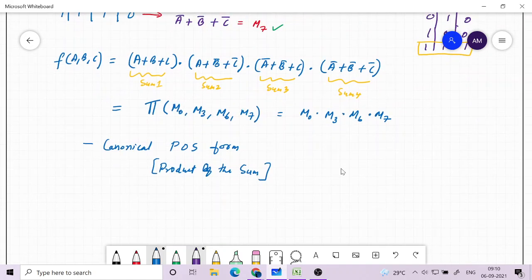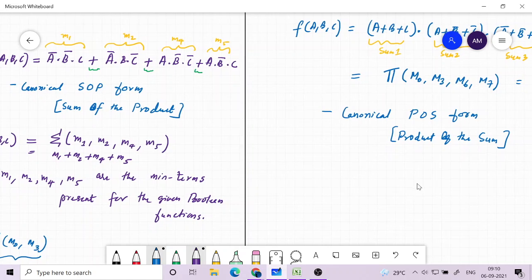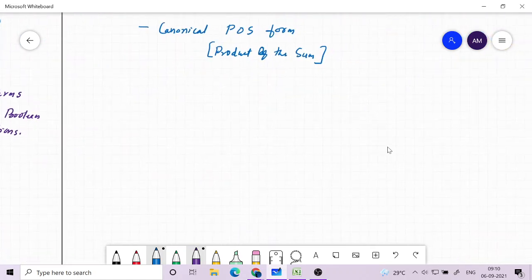Now these are equivalent representations. Another feature of these representations is that you can use AND gates and OR gates to implement them. So the next thing is implementation of this function. How to implement these functions?